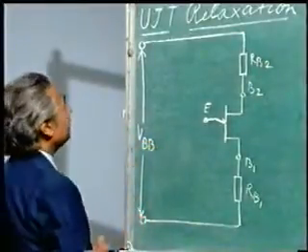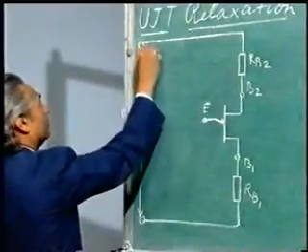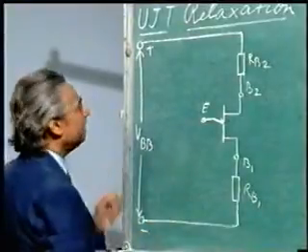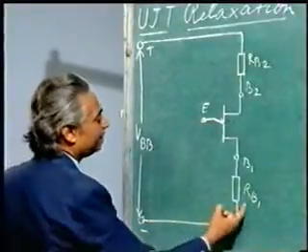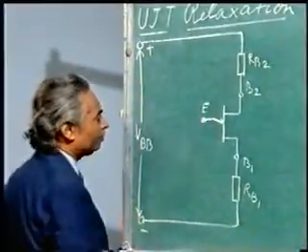Now one thing is sure, that this B2 has to be positive. So this terminal will be positive and this will be negative. VBB is the inter-base supply connected between base 1 and base 2 such that B2 is positive with respect to B1.